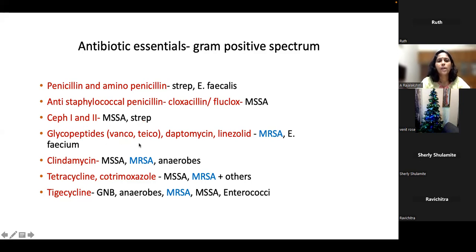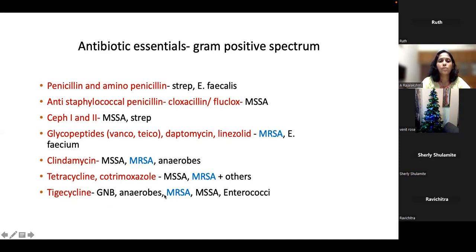Glycopeptides, which are largely vancomycin, daptomycin, and the oxazolidinone group, that is linezolid, act against MRSA and Enterococcus, including Enterococcus faecium. Clindamycin has coverage against MSSA, MRSA and anaerobes. Tetracycline and cotrimoxazole have similar coverage, including some of the streptococci, though they are becoming more resistant. Tigecycline we don't usually use for gram-positive cover.